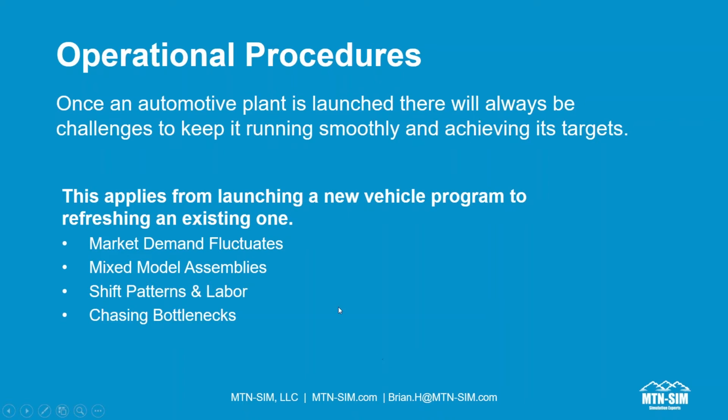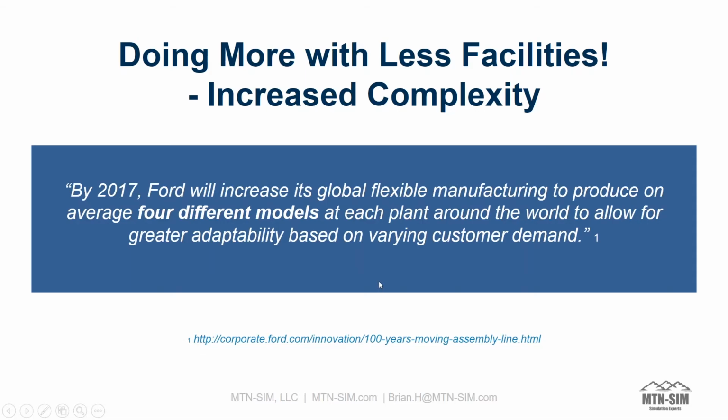More than likely this facility is going to be running different vehicle types down the same assembly lines, exercising flexible manufacturing. We might be producing 2, 3, or 4 different vehicle types. So obviously there are going to be different release rules for building the mix of vehicles, and release patterns for how we do that.